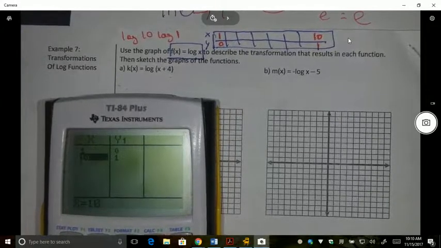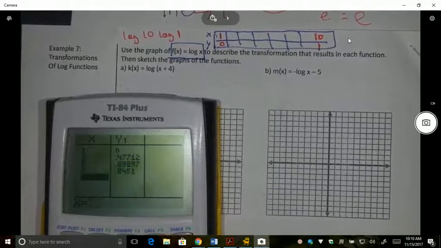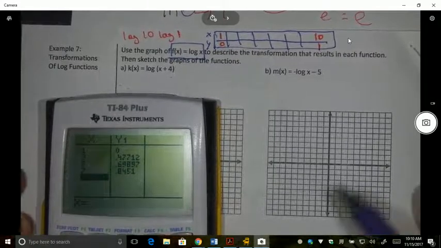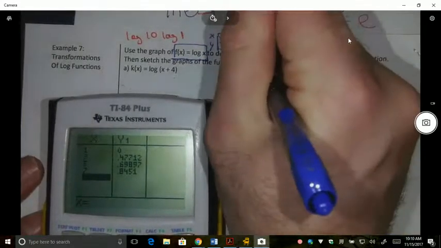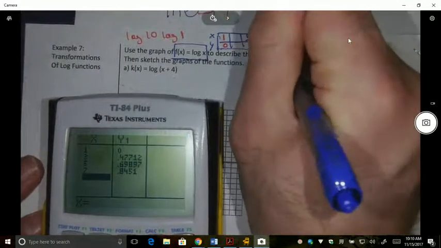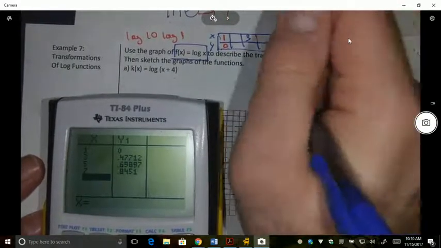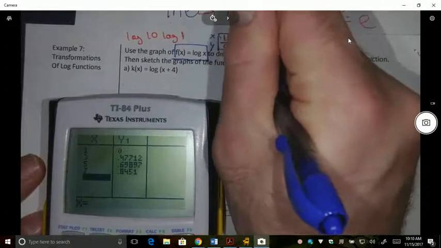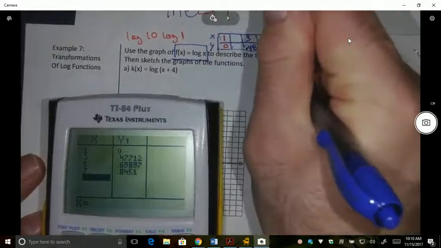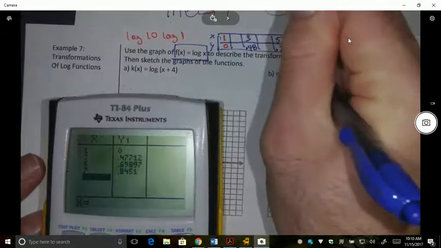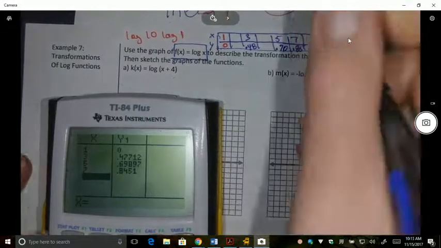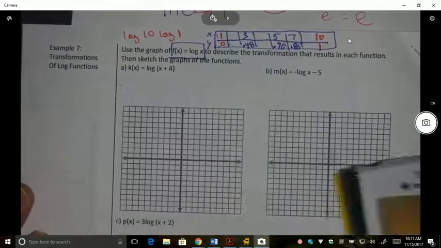I'm going to pick some numbers in between those, like 3, 5, and 7, just to get some other points to plot. It's going to give me 0.48, 0.70, 0.85. So that at least gets me some points to plot.